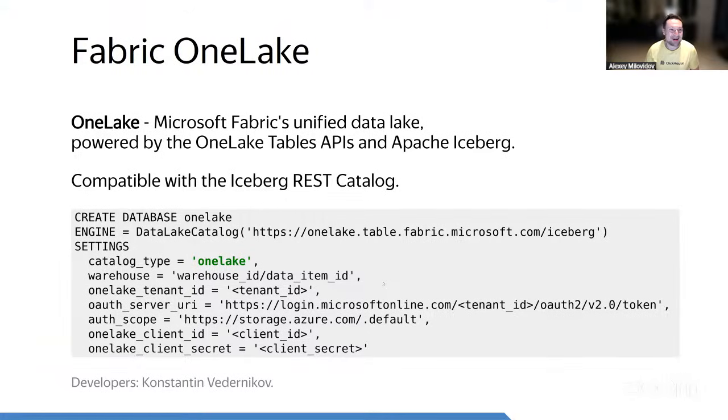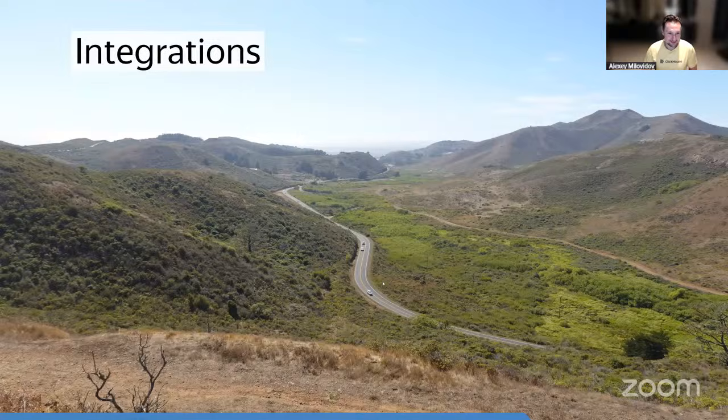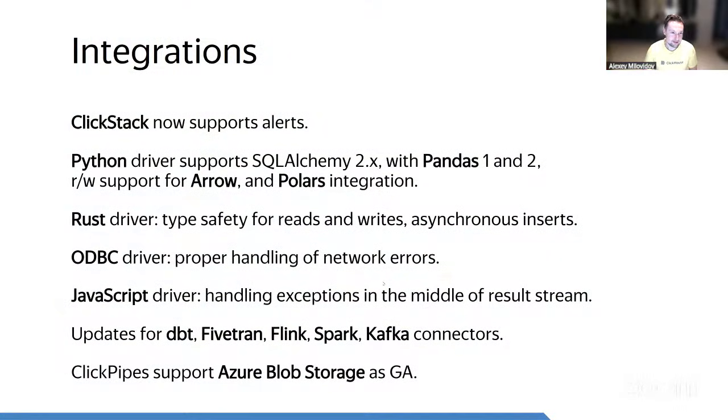What about other integrations? A lot of stuff like ClickStack now has support for alerts, so you can not only look at your metrics, look at dashboards, configure dashboards, you can also configure alerts to your email, Slack, a lot of different destinations, and a lot of updates for language drivers and for connectors like Kafka, Spark, Flink connector, dbt integration.